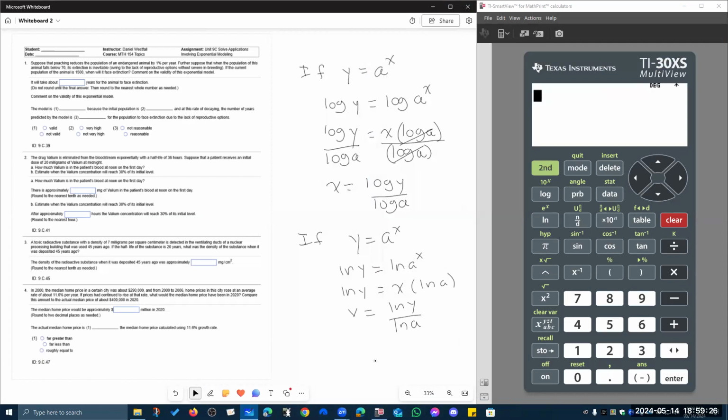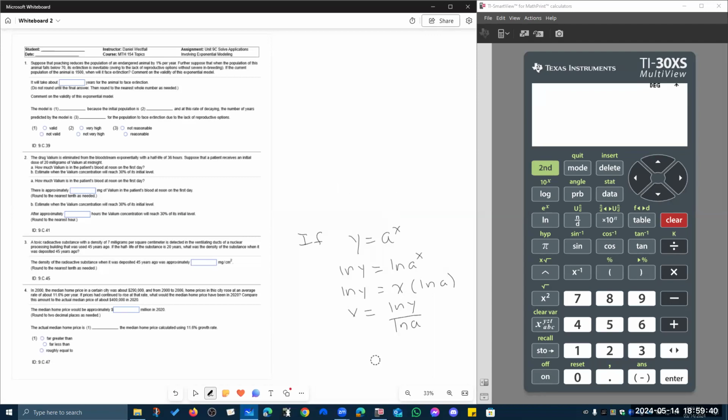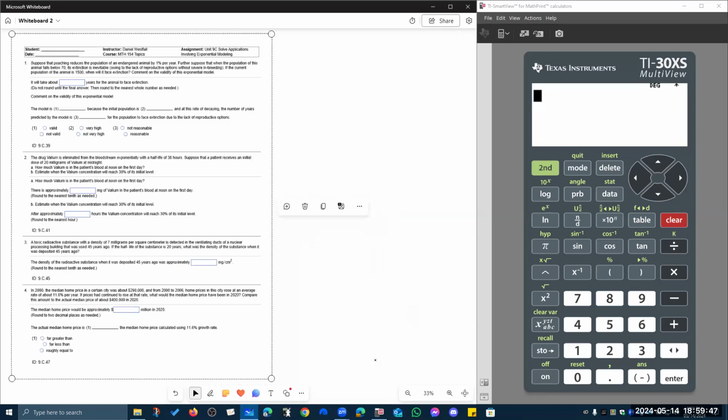So let me go ahead and clear all this and start working on problem number 1. And then we'll also show you how you can solve this problem graphically in just a second with either a graphing calculator or with something like Desmos.